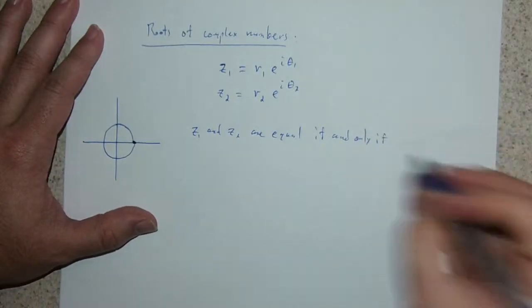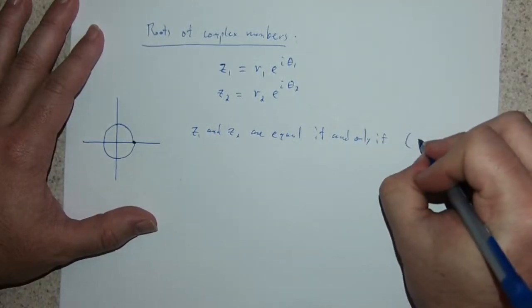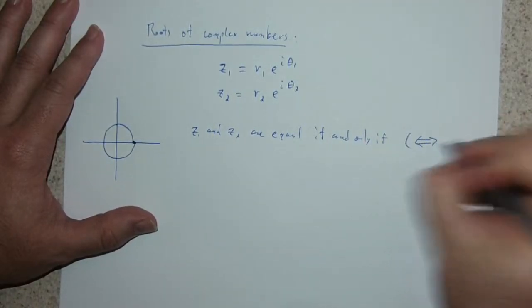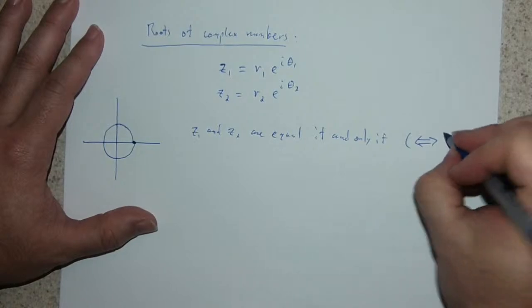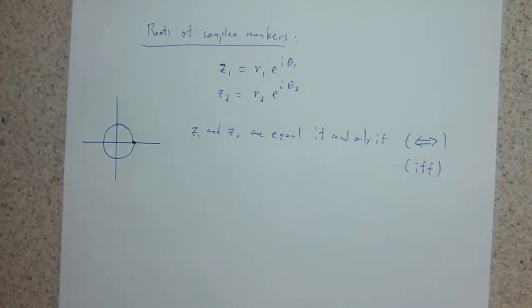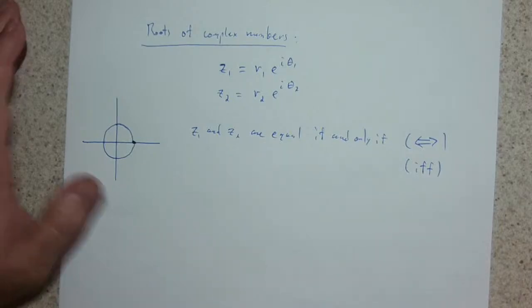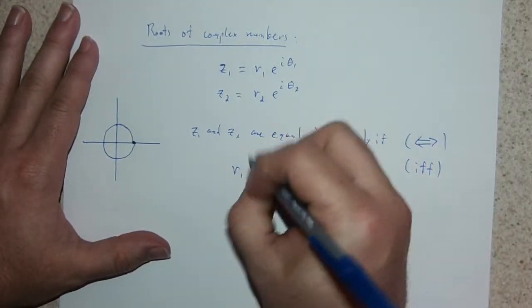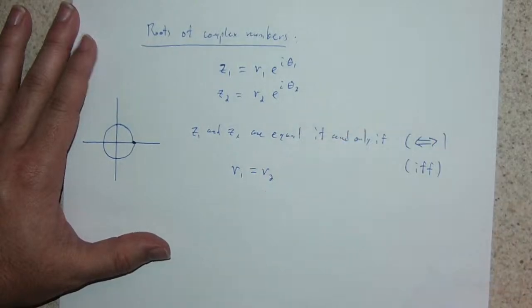In this course, typically I will abbreviate this as either a double-headed arrow or the abbreviation IFF, if and only if, to say that this implication is going in both directions. It can basically be treated like a definition. So z sub 1 and z sub 2 are equal if and only if r sub 1 and r sub 2 are equal.